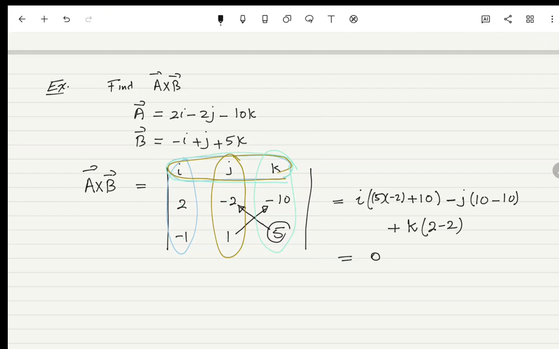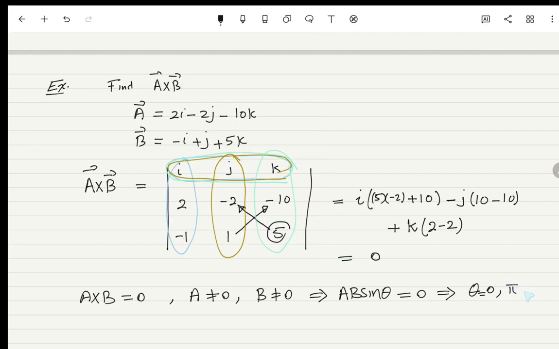Now, things we can conclude from this result: if A cross B equals 0, but A is not equal to 0, neither is B, then AB sine theta equals 0, and from this theta could be 0 or pi.